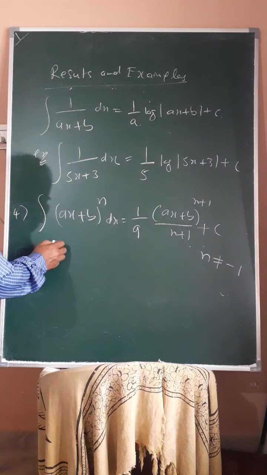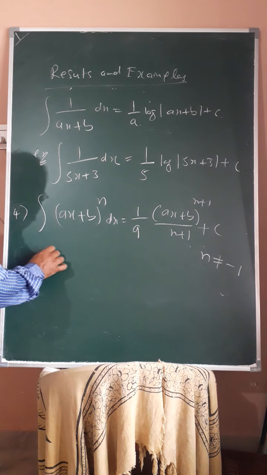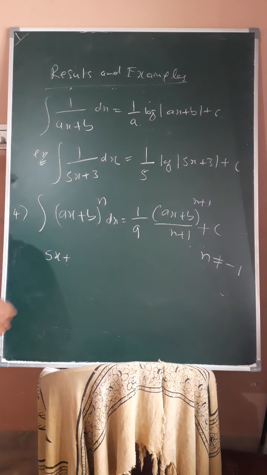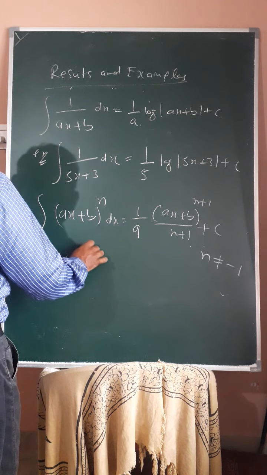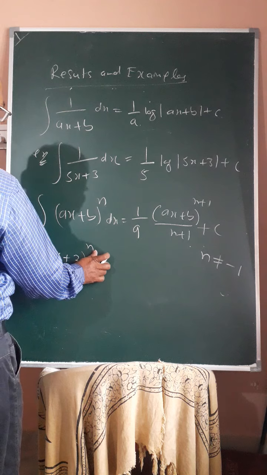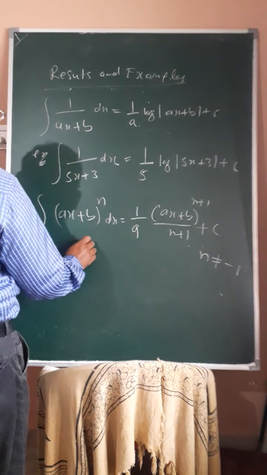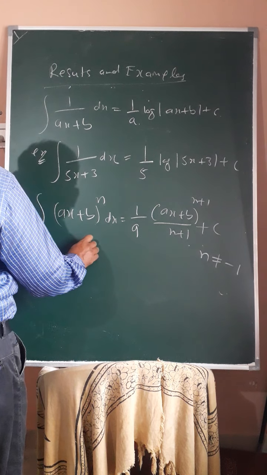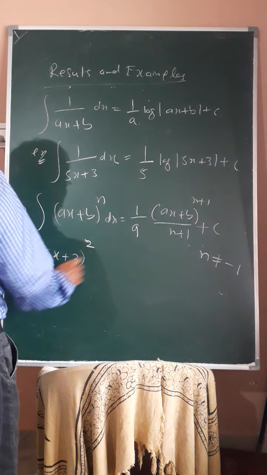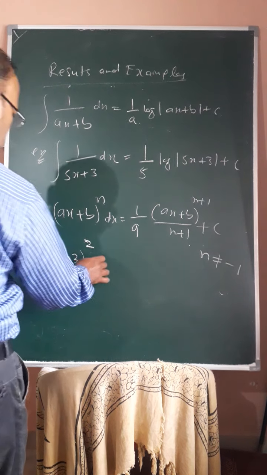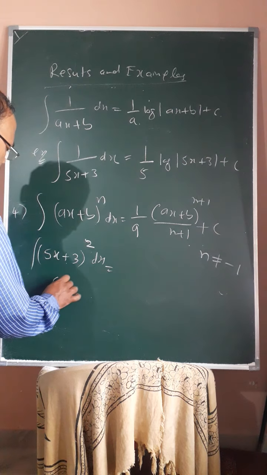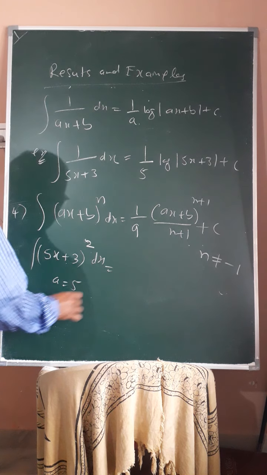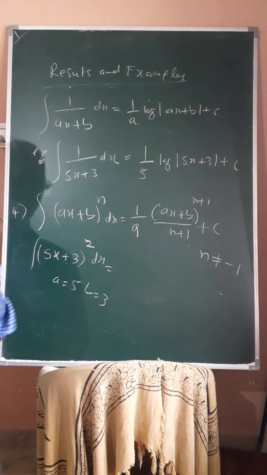To take an example: 5x plus 3 whole to the power of n, take n as 2, dx. Here a is again 5 and b is equal to 3.